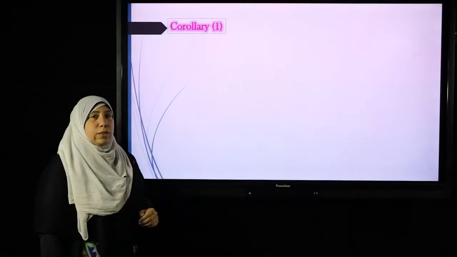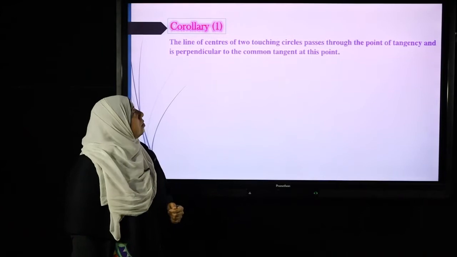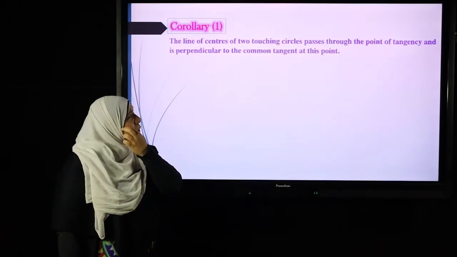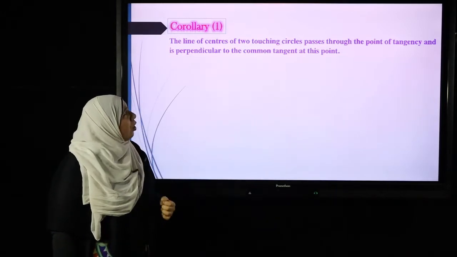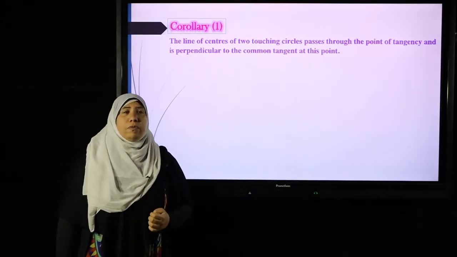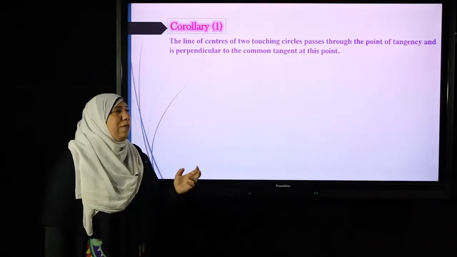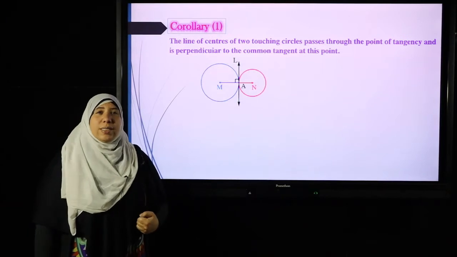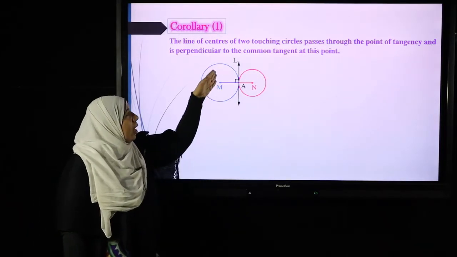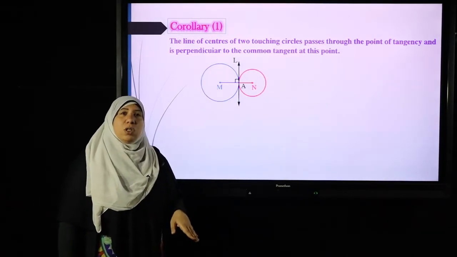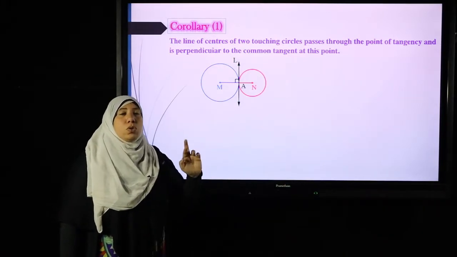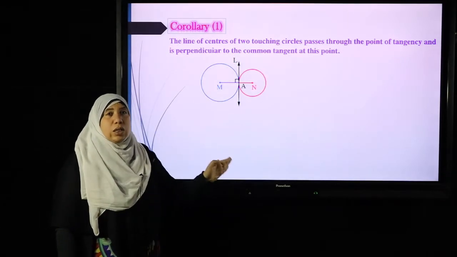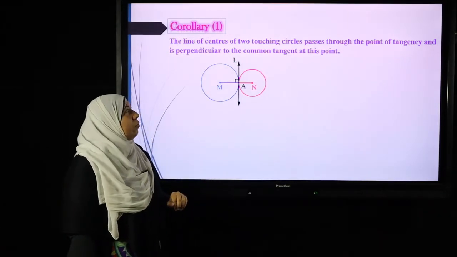I have two corollaries. Corollary number 1 says that the line of centers of two touching circles passes through the point of tangency and is perpendicular to the common tangent at this point. I have something called the common tangent. If I have two circles touching externally like this, the line L here is called the common tangent because it's a tangent to both circles.